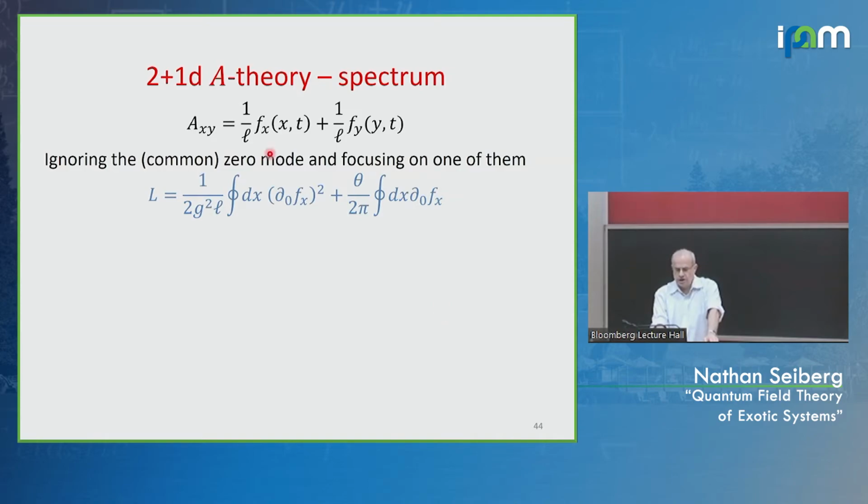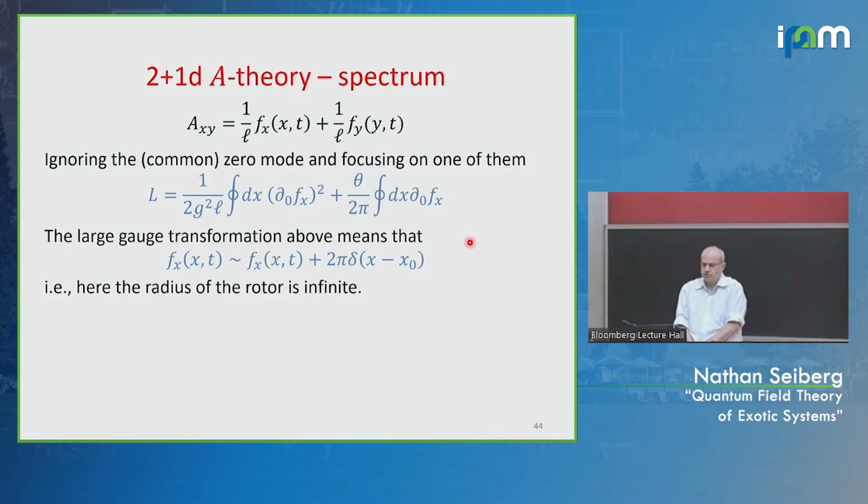Again, we take this decomposition, we substitute it in the action, and we find this effective action for these modes. And we have the large gauge transformations we discussed earlier, and they make the f at different values of x completely independent. So we have separate rotors at different values of x, very much like what we saw before.